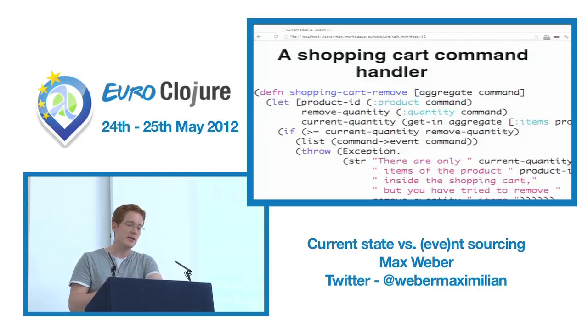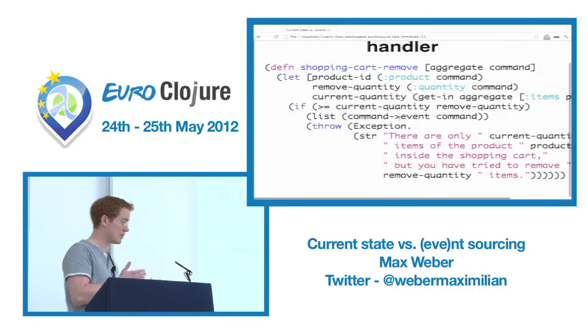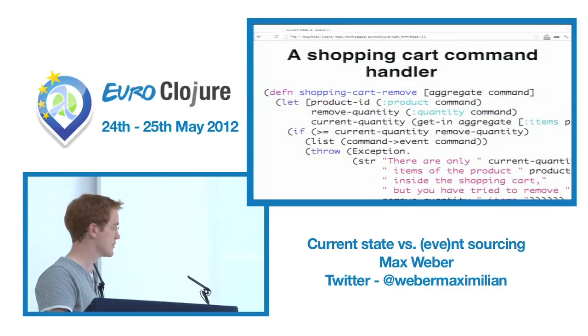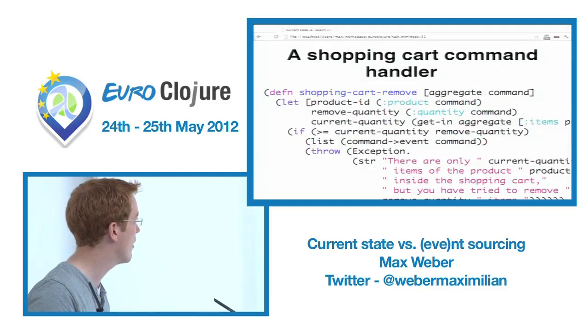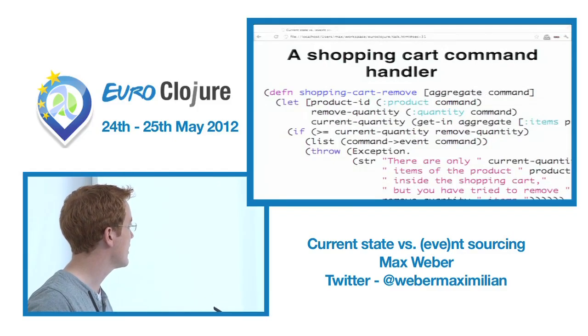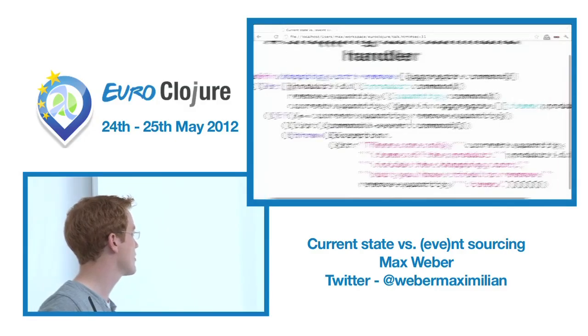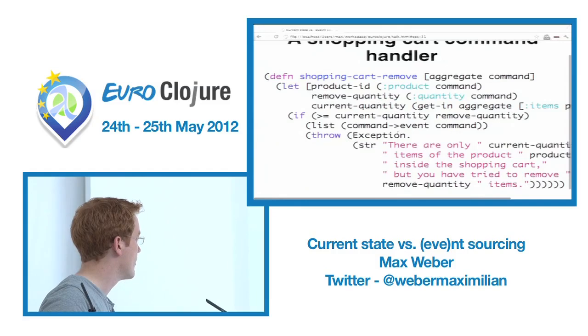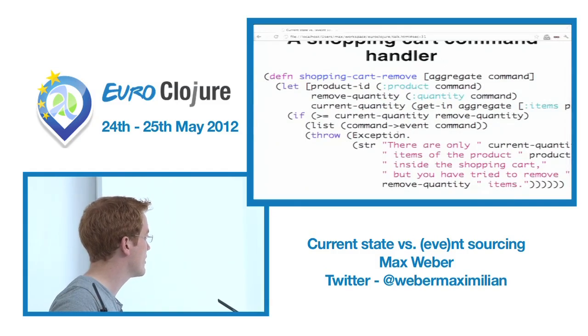Last but not least, here's a possible version of the corresponding command handler, which does protect the aggregate from negative quantities. So, also a little bit large. So here the command handler, as I've said, also receives the current state of the aggregate and the command, and then it extracts the quantity and the product ID, and gets the current quantity.